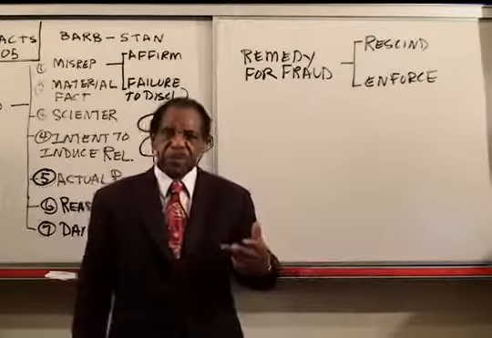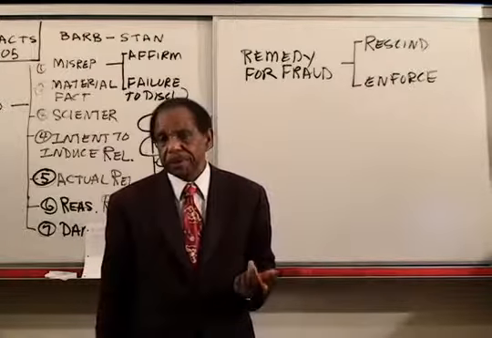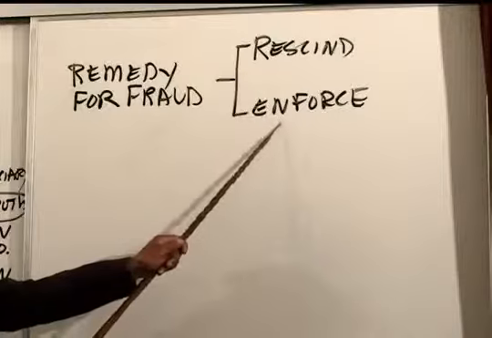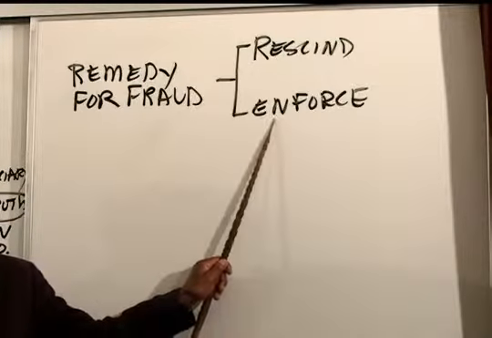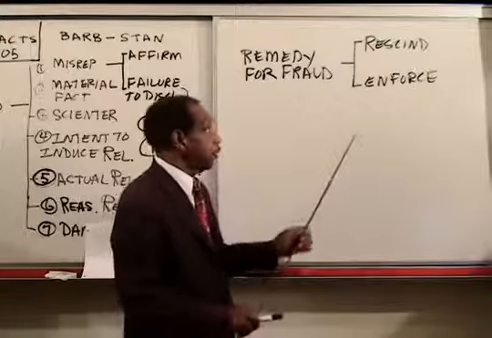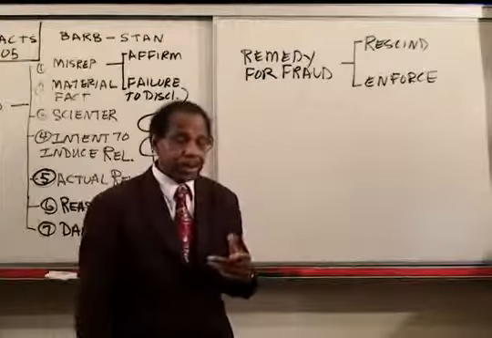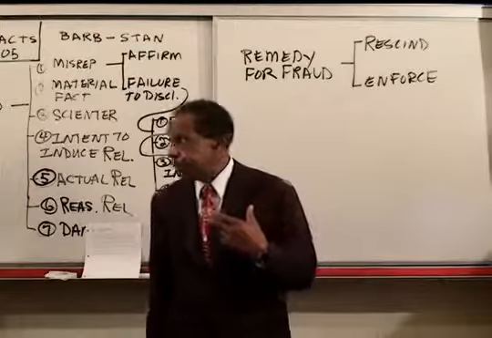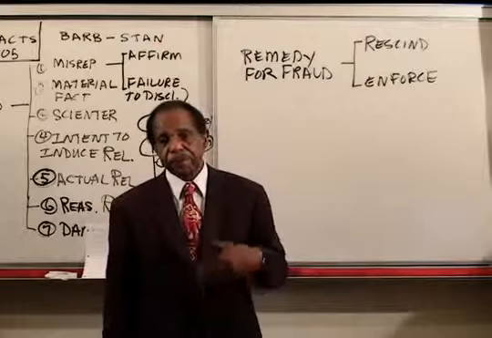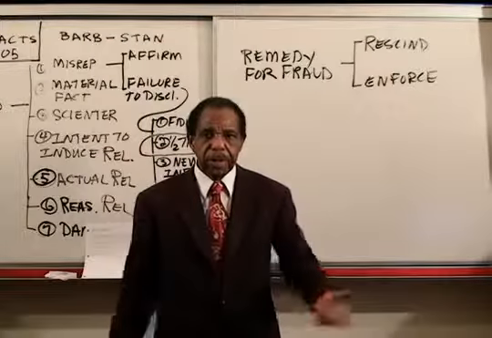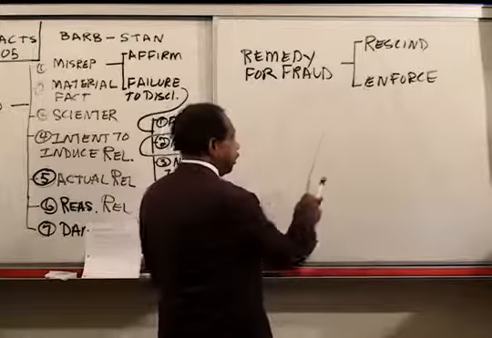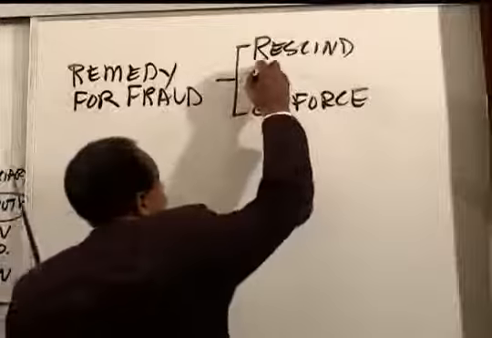Well, once we've made this contract, if you own Blackacre, I can sue to enforce the contract. So I actually get it. So often it's a good idea to enforce. Or I can rescind the contract if I wish for fraud. So in this situation, Stan, who is the victim, can either enforce the contract or rescind it. Obviously, Stan has chosen to rescind the contract, so we're rescinding for fraud right here.